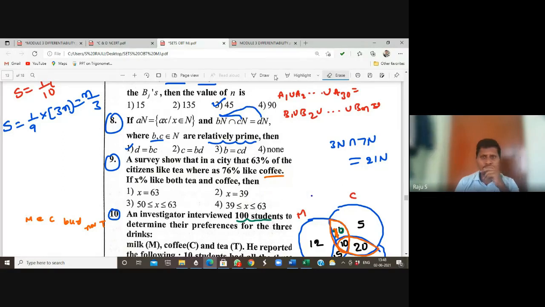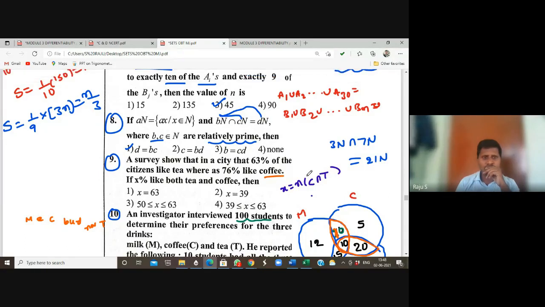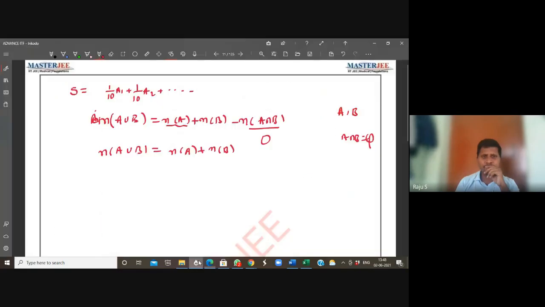We need to find the value of X. X is equal to n of C intersection T. If you take the total percentage, 100, then what is n of A intersection C intersection T? 100 percentile should be almost this.